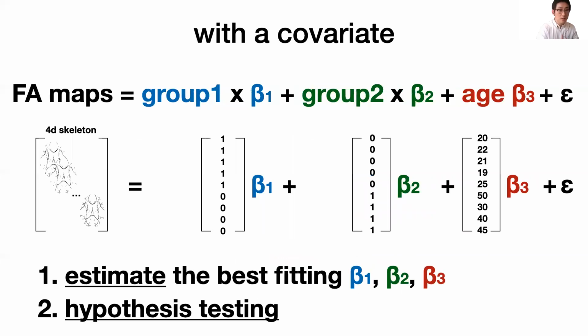Okay, so we can also include another independent variable like age or sex. So your design matrix will look like this. The first subject is 1, 0, representing group 1, and you add an extra column for age, and you can add an extra column for sex. So this column represents age now.